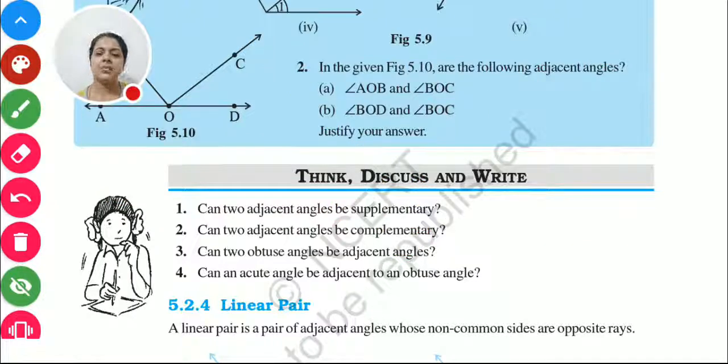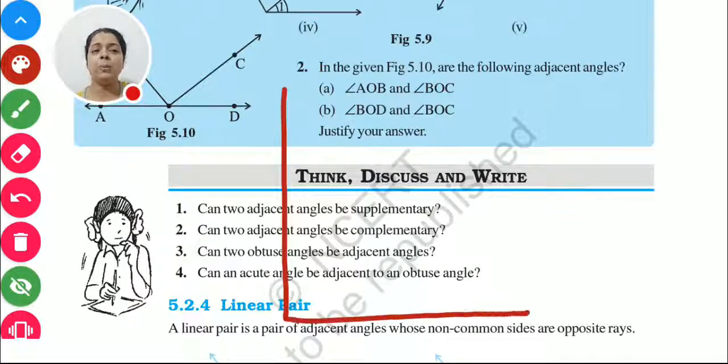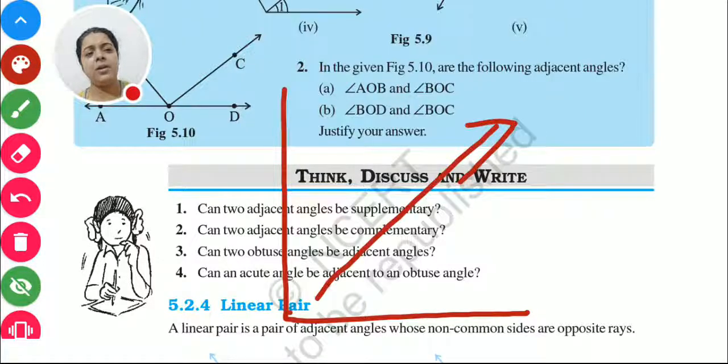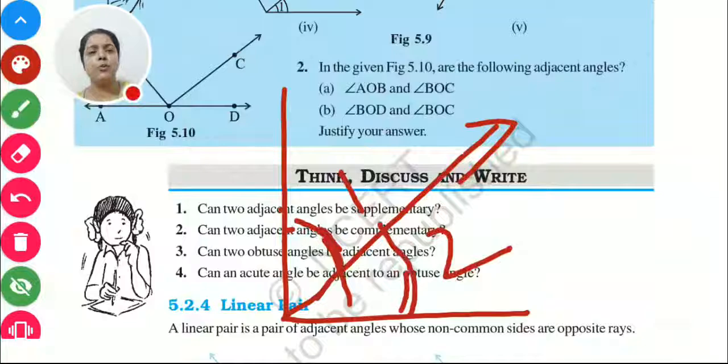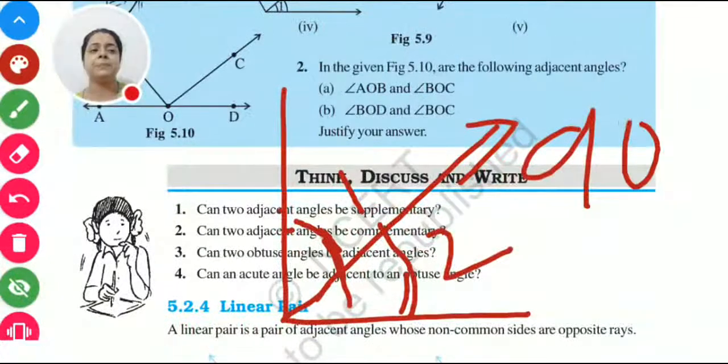Now coming to the next one, can two adjacent angles be complementary? Yes, undoubtedly. We'll make a complementary angle, meaning a total 90 degree angle, and we'll make one common arm here. So what do we find? Angle 1 and angle 2, when they are added together, form 90 degrees.